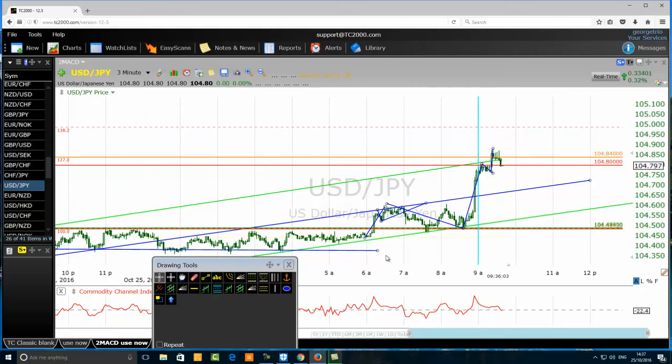Now I'm looking for an opportunity to sell the dollar-yen currency pair using the Elliott wave principle.